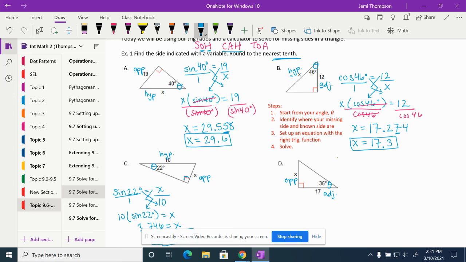So identify the trig function that uses the adjacent and the opposite. So the tangent of the angle, make sure you write the actual 35 in there. You can't just write theta. Tangent of 35 is equal to the opposite divided by the adjacent.